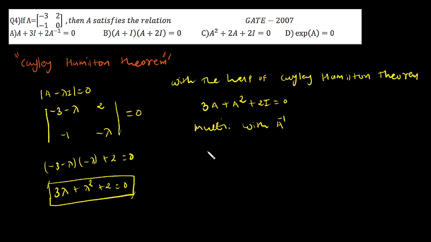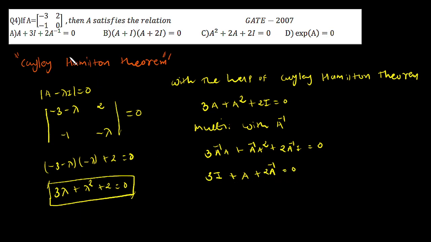Here we get 3 A inverse times A, plus A inverse times A square, plus 2 A inverse times I, and on the right hand side we again get 0, because 0 multiplied with the inverse again gives 0. Now I can reduce this multiplication, the inverse multiplied with its own matrix. So I can write 3 times the identity matrix plus, here I can reduce one power of the square after multiplication with the inverse, so simply A, and here 2 A inverse.